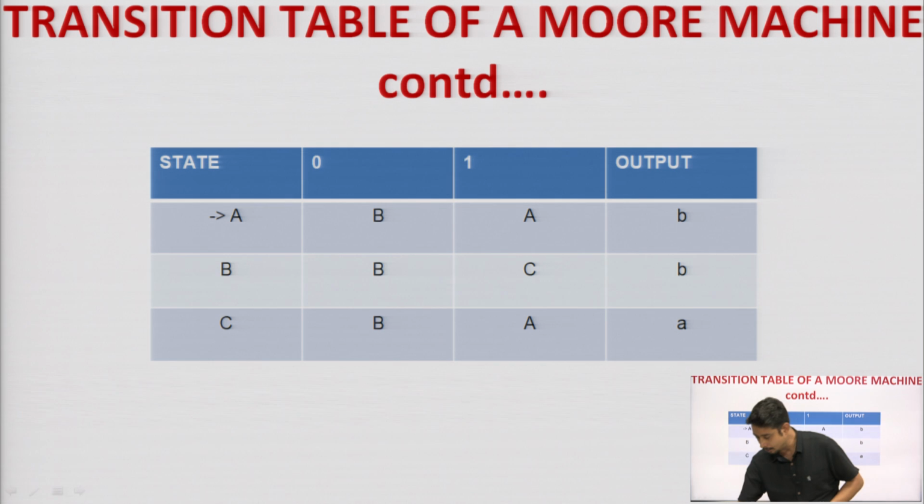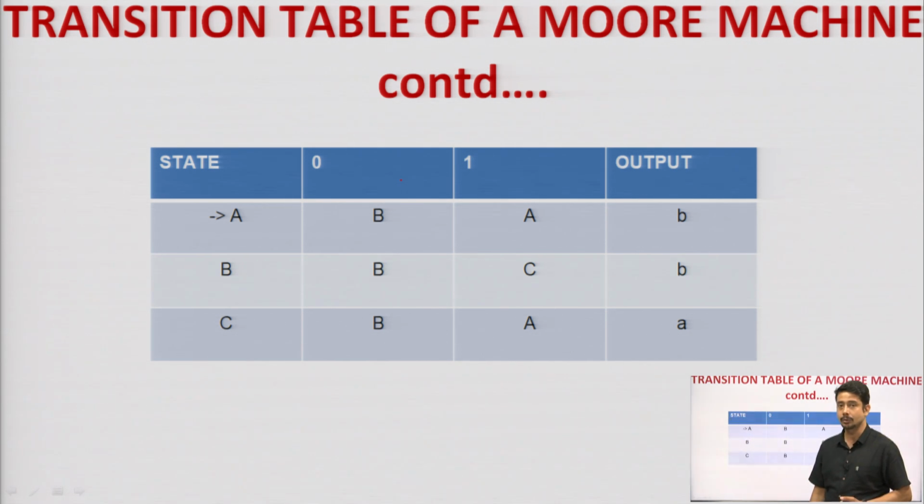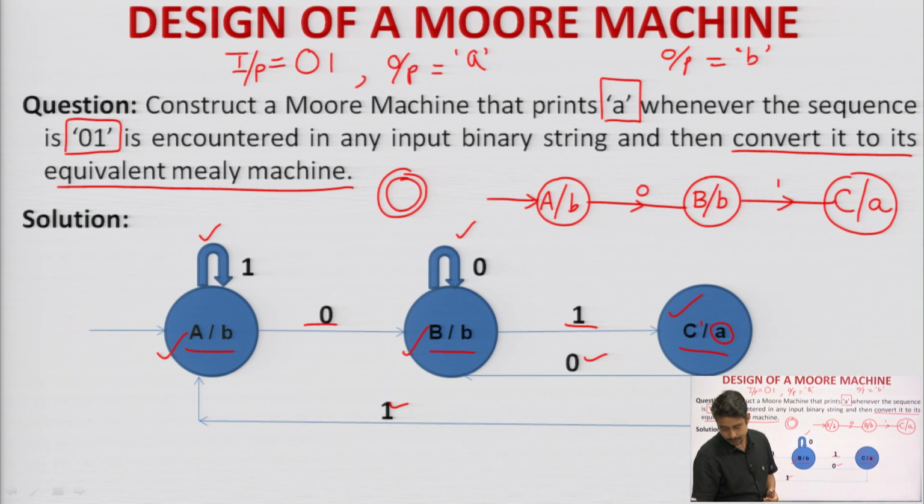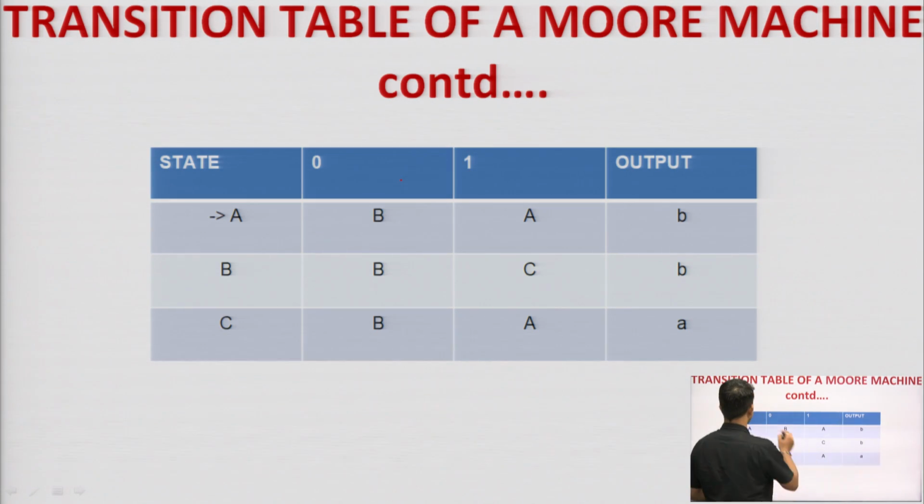Before going into the question, we shall first get the transition table for the Mealy machine. If you remember, the diagram was like this.